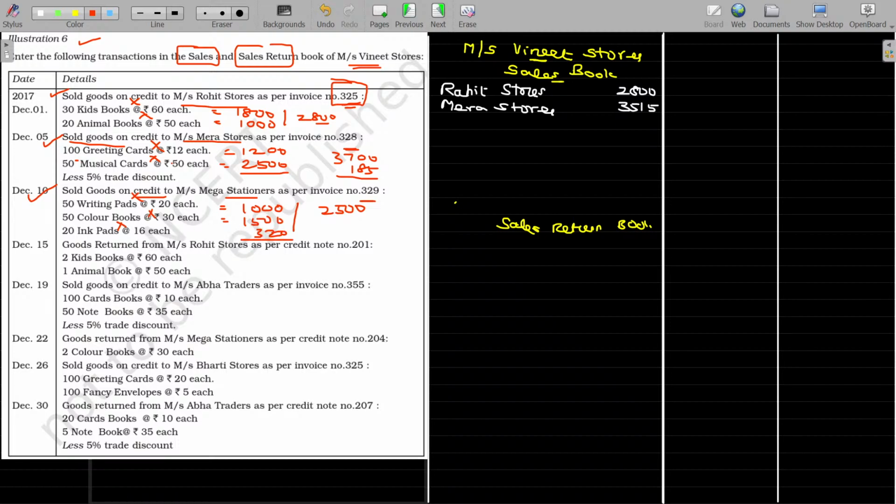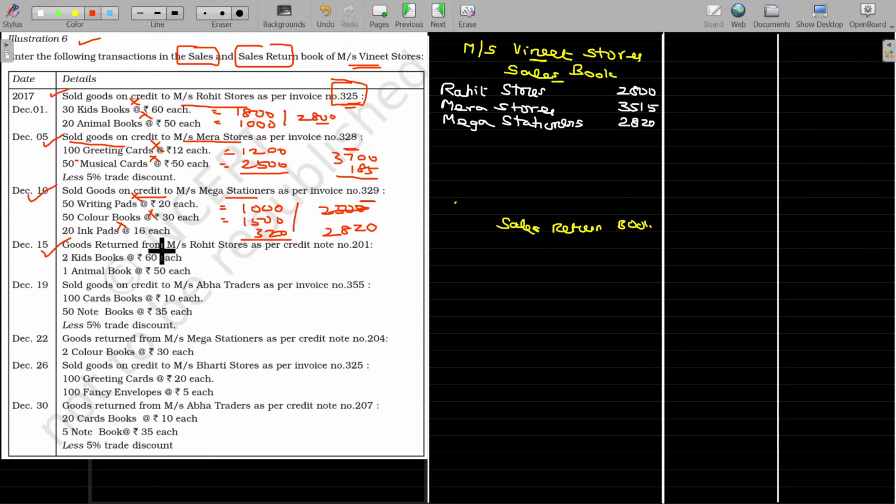Am I right? So the overall value being 2820. So Meha Stationers. Entire division is all about stationery and books. The value being 2820.